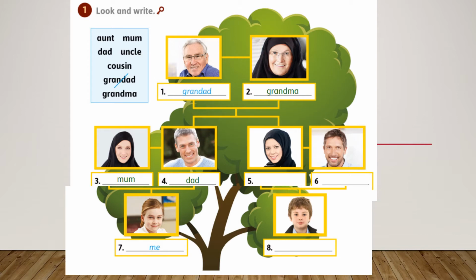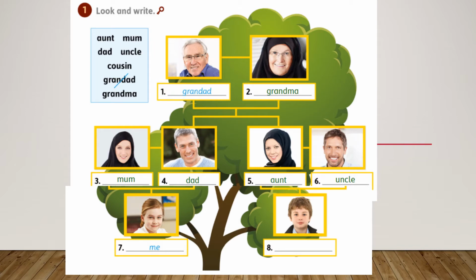Look at picture number 5. Take your time and try to decide which one applies to it from the box on the left. Correct answer. She's aunt. Perfect. And picture 6. Yes, uncle. Great.